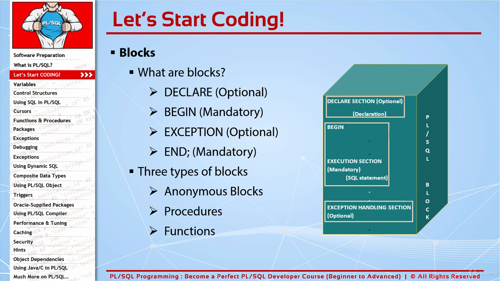PL/SQL procedures are saved blocks that have SQL or PL/SQL in them to do some job whenever we call them with their name. Functions are just like procedures. The difference is functions must return a value, but procedures do not have a return type. So this is the end of anonymous blocks. See you in our next lessons.